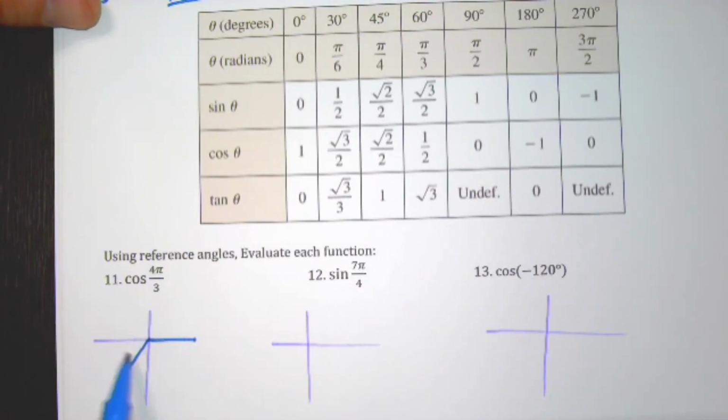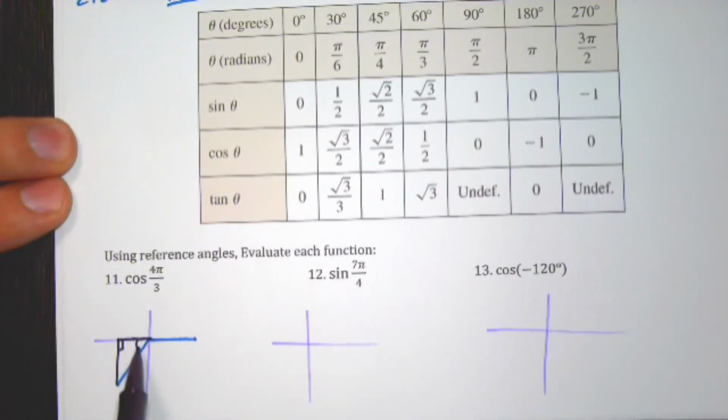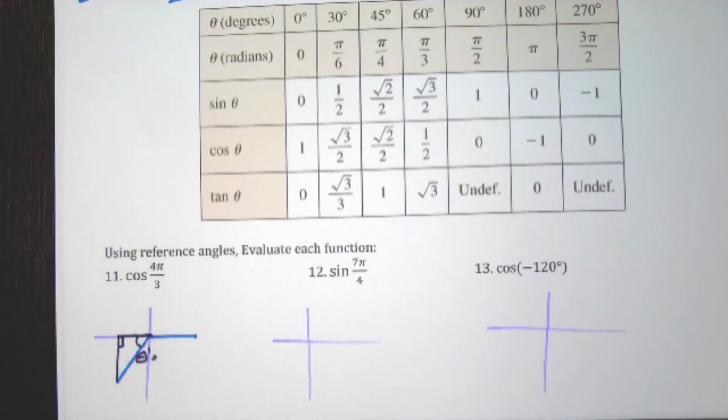So that whole piece right there is my theta, which means when I connect that up to the x-axis and make this little triangle, this theta prime is my reference angle. Well, we're going to take our original, because it's in quadrant 3, and subtract 180, or subtract pi. So we get that theta prime is pi over 3.